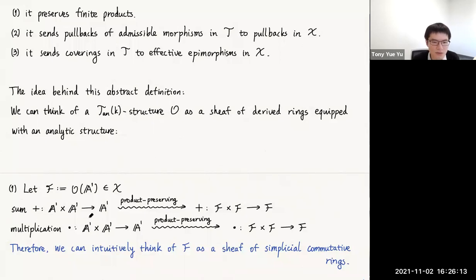On A^1, we have the sum operation, which is just a map from A^1 × A^1 to A^1.